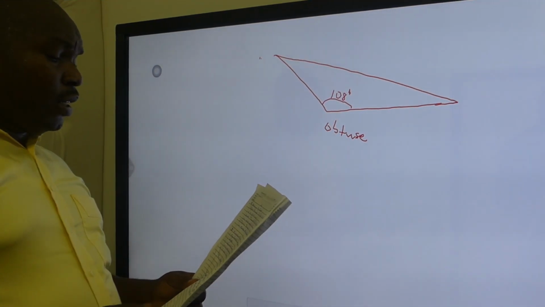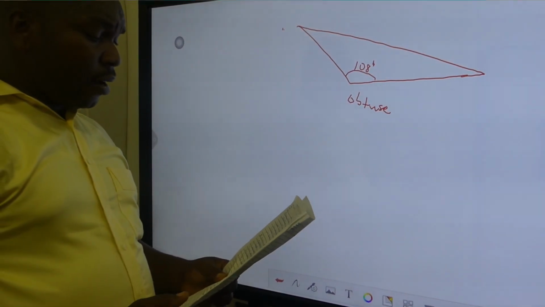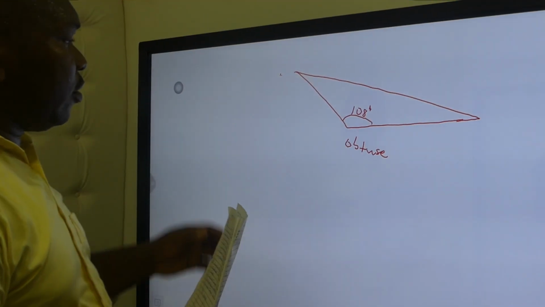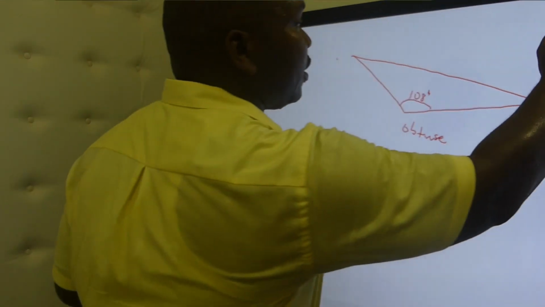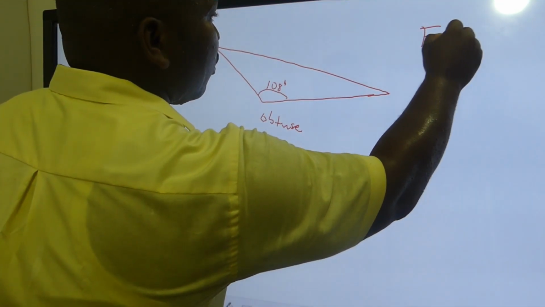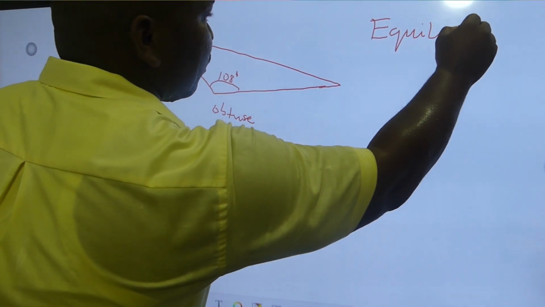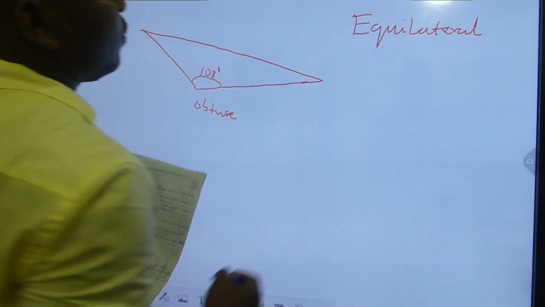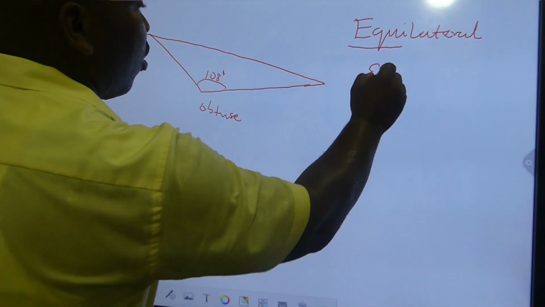According to their sides, we can have a triangle called an equilateral triangle. Equi means equal, so this is gotten from equal.